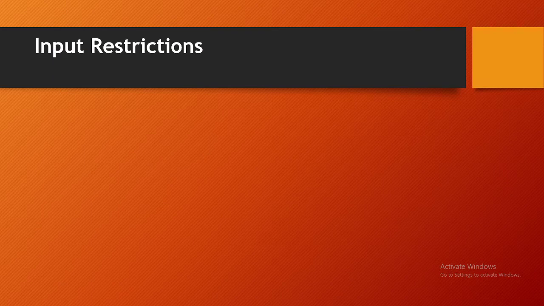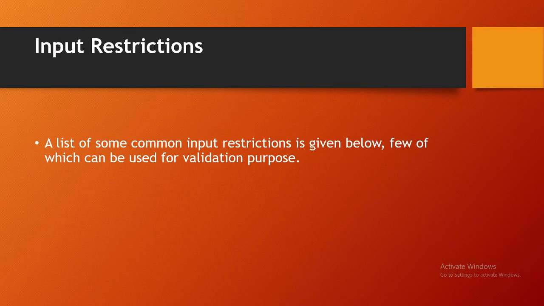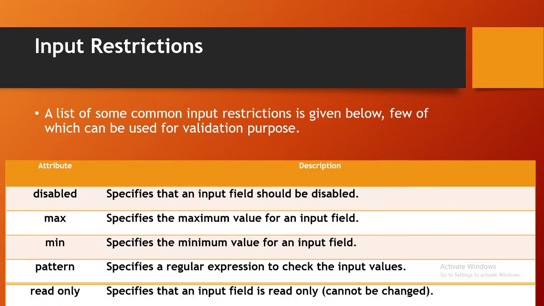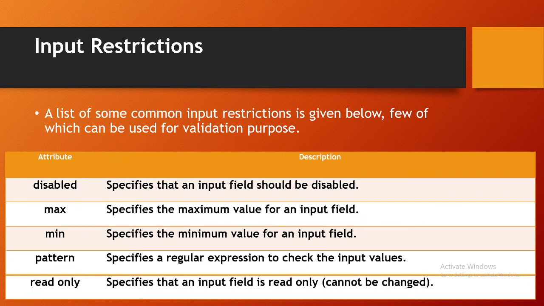Next point is input restriction. A list of some common input restrictions is given below, few of which can be used for validation purpose. First attribute of input field is disabled. This input restriction is used to specify that the input field should be disabled.